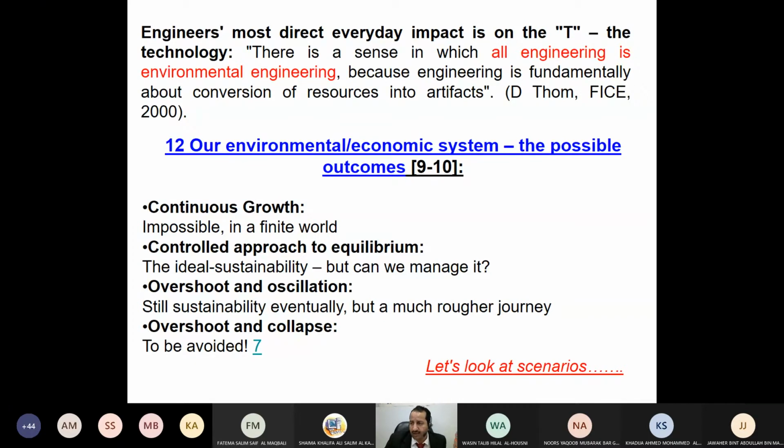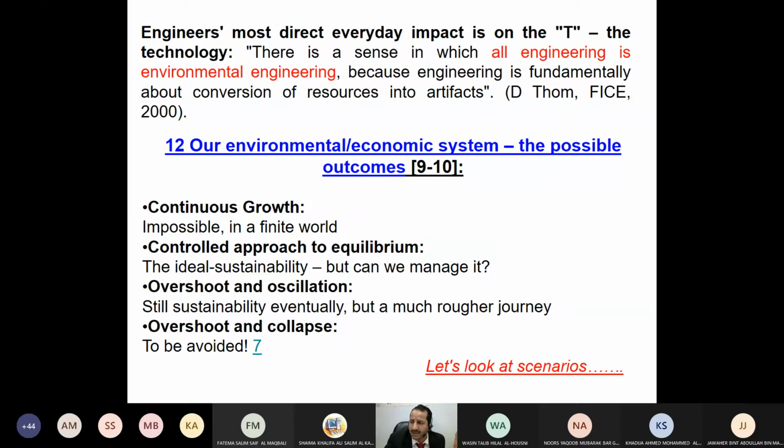So we are affecting the environment by our activities, and as an engineer, if I produce any material, any equipment, then I take resources, artificially convert them into something else, with losses and waste coming from my production. So at the end, I'm hurting the environment.